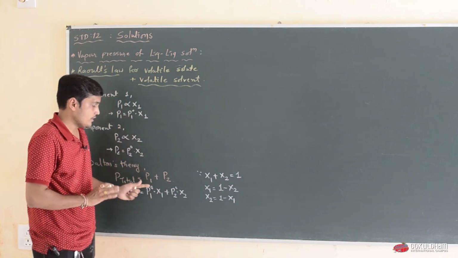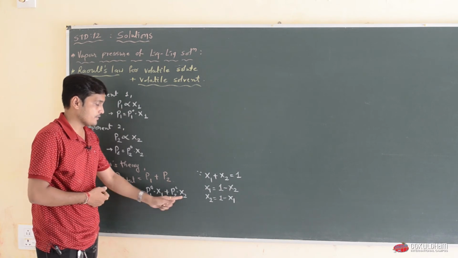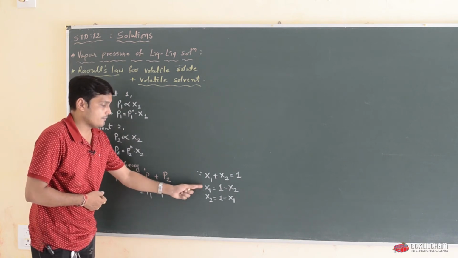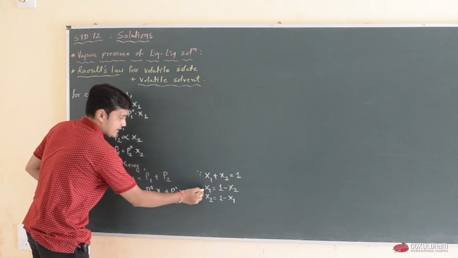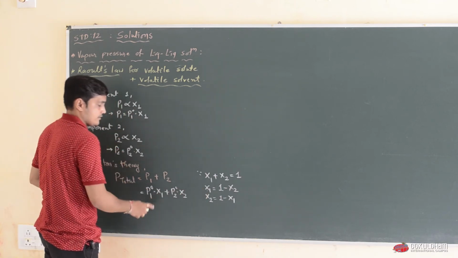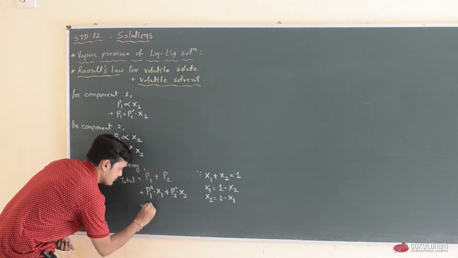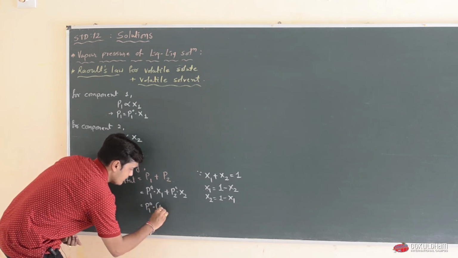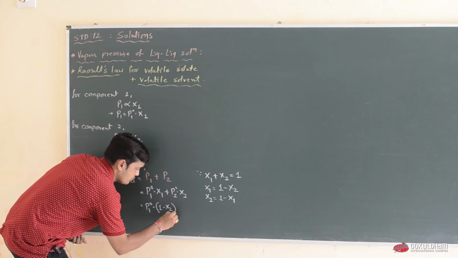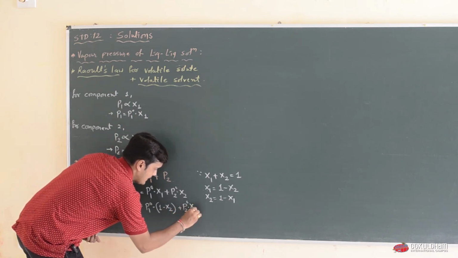Now you put the value of X1 in place of this X1, so P1⁰ into (1 minus X2) plus P2⁰ into X2.